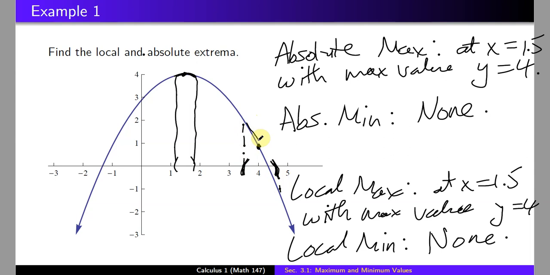So of all of these y values, this one would have to be the smallest. The problem is as you go to the right, you get smaller and smaller values. But there is no smallest value because this was an open interval, not including the endpoints. And so it doesn't really matter what you pick as your x value. When you try to go through this process, you're not going to be able to find a smallest y value throughout just a small portion of the graph.